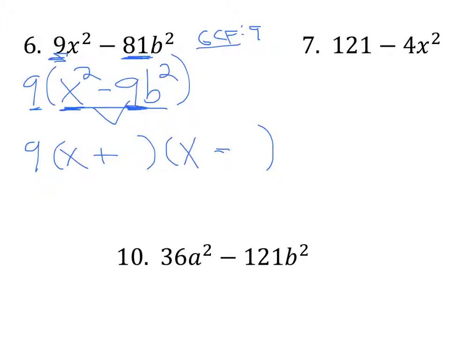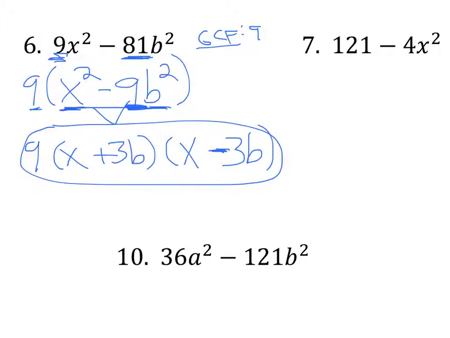And then 9, what number times itself gives me 9? It's 3. So I have minus 3. But don't forget you have b squared. b times b is b squared, so I have b and I have b. So I did the two steps there. I factored out the GCF, and then I factored the quadratic into two binomials.